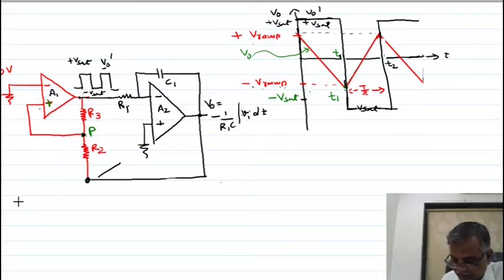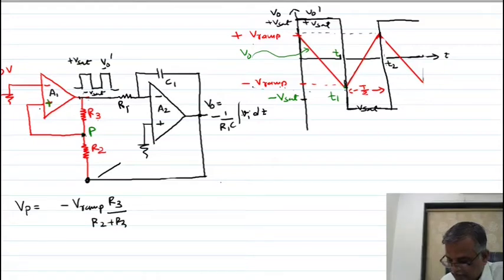Now, what is the voltage at this P point, I am writing. The voltage at the P point I can write with the help of the superposition principle as minus V ramp into R3 upon R2 plus R3 plus Vset into R2 upon R3 plus R2.